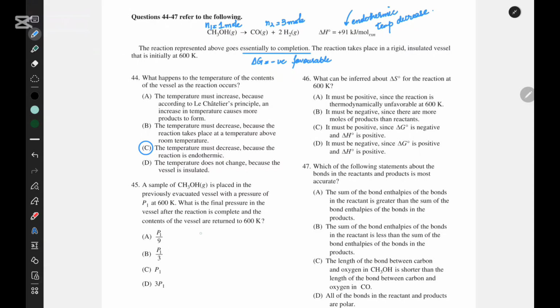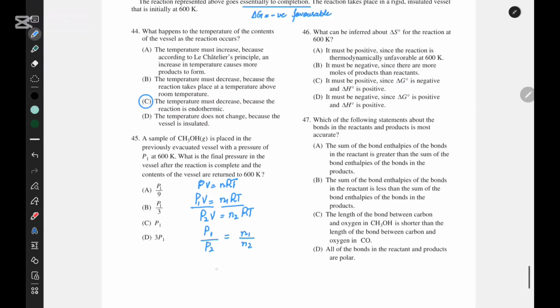So if we do one thing here, PV is equal to nRT, so P1V is equal to N1RT, and P2V is equal to N2RT. If we divide these equations, P1 by P2 comes out to be N1 by N2, and we need to find P2.